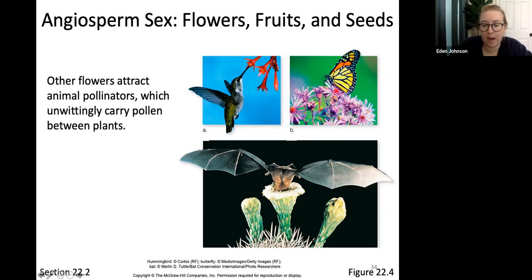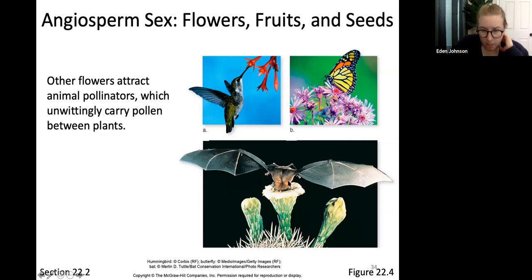So, for instance, these are flowers from a cactus that is bat pollinated. How badass is that? Once the flower is all open, the bat goes to get the nectar that's deep within this flower. But the evolution of this flower made its anatomy really smart.